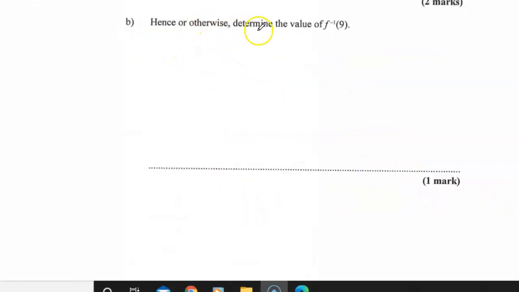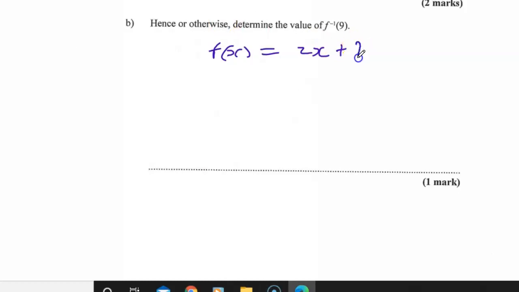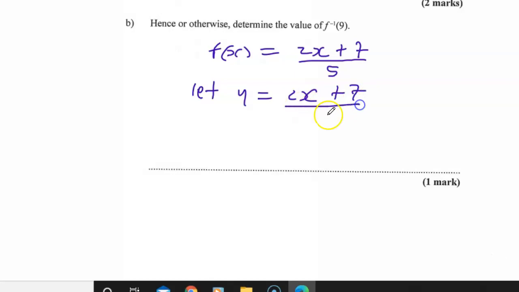Hence or otherwise, determine the value of f inverse 9. Now, we know that f of x is 2x plus 7 upon 5. So to find the inverse, we can let y be equal to 2x plus 7 upon 5. We can interchange x and y, so we have x equal to 2y plus 7 upon 5.